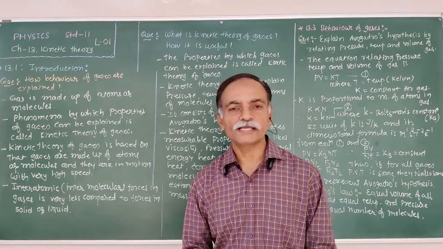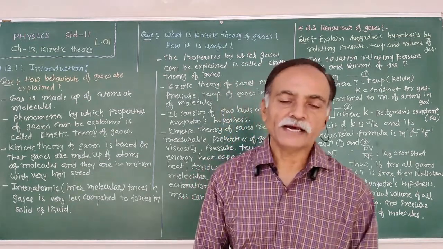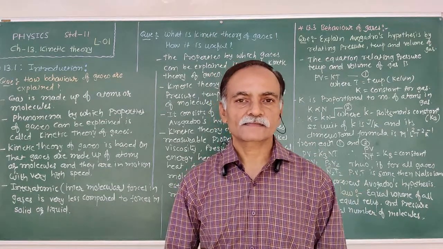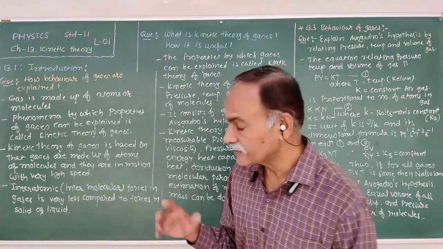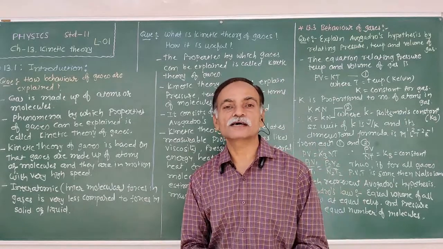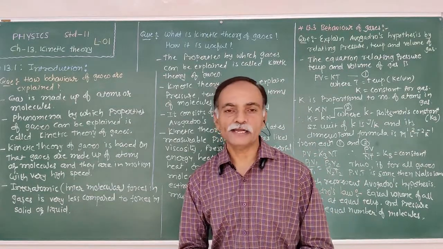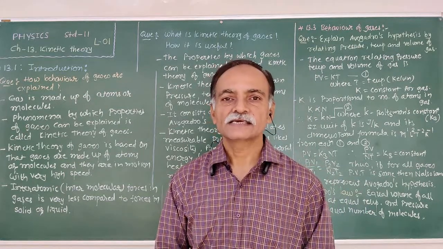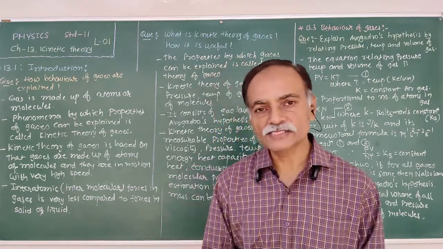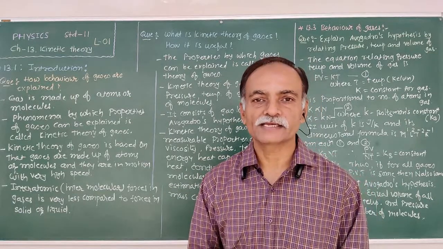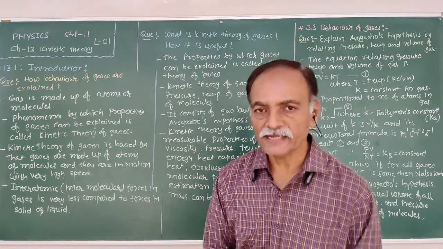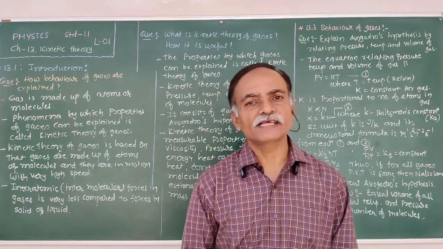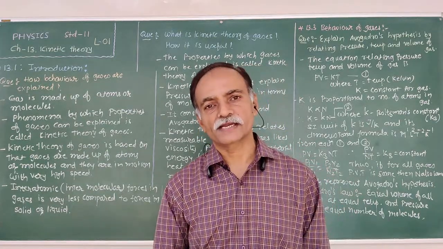Liquid, or fluid, is also made up of atoms or molecules, the same as gas. Now, what is the difference between gas, liquid, and solid? In a solid, the distance between two molecules is very small. Generally, the atoms or molecules are very close to each other in a solid. While in a liquid, the distance between the atoms or molecules is quite a bit more compared to a solid.